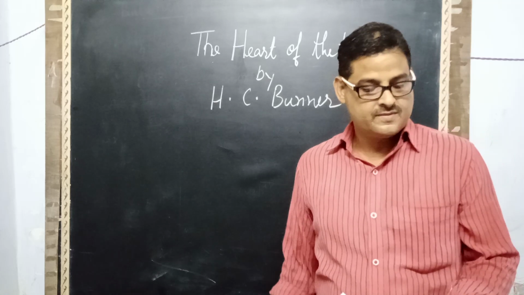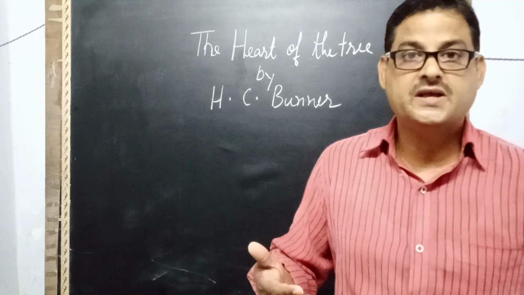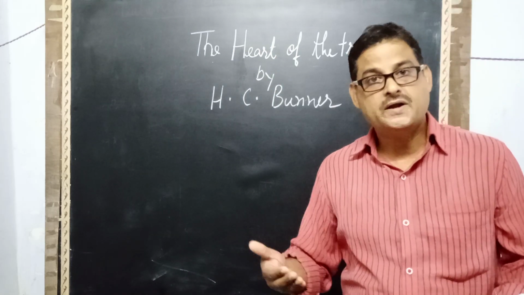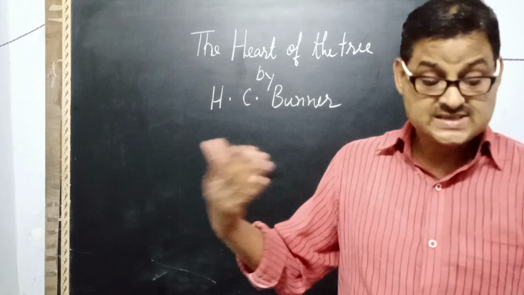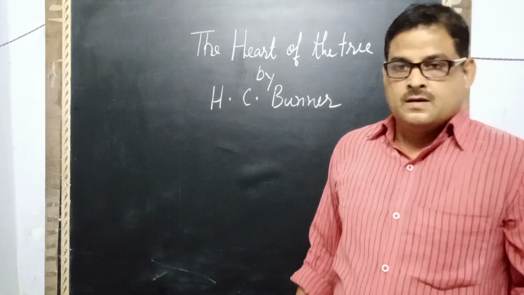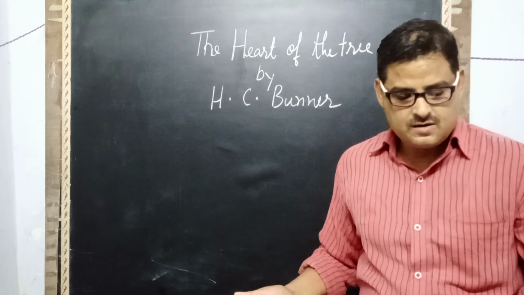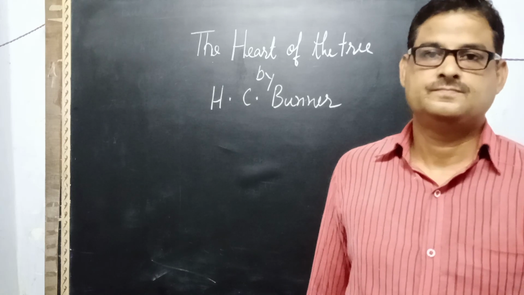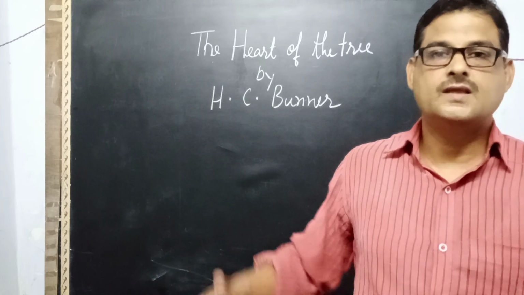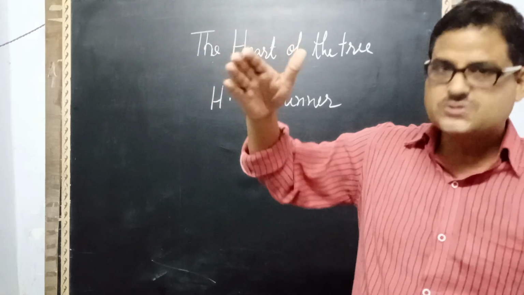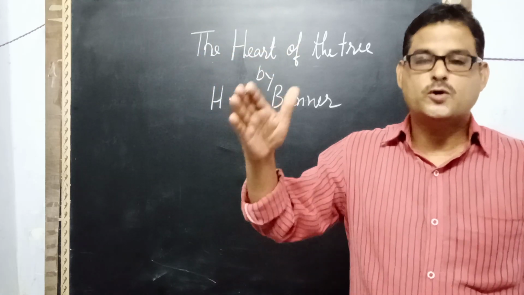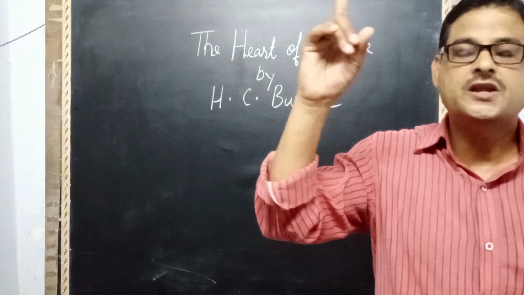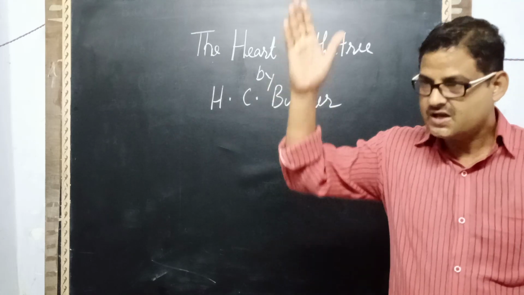First, let me explain how a tree is a friend of the sun. The tree is a friend of the sun because the process of photosynthesis is possible only due to the heat and the rays of the sun.